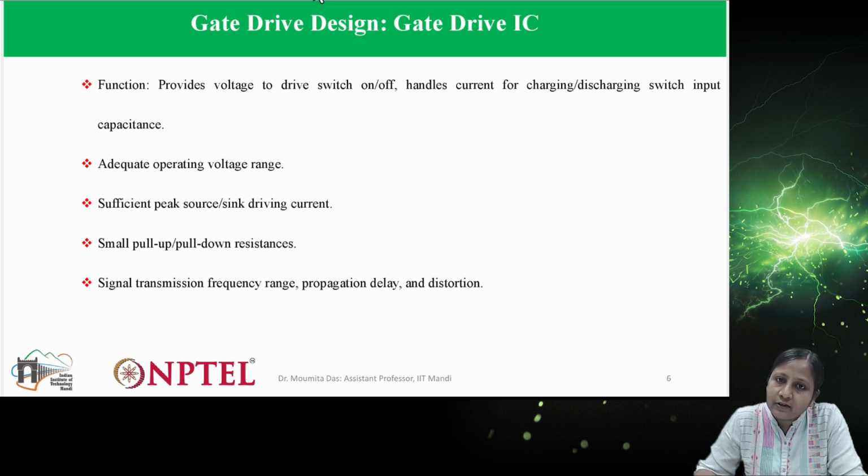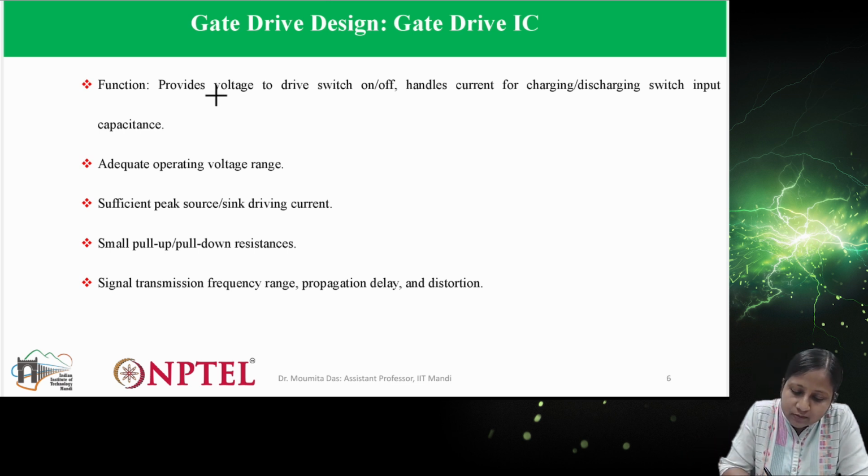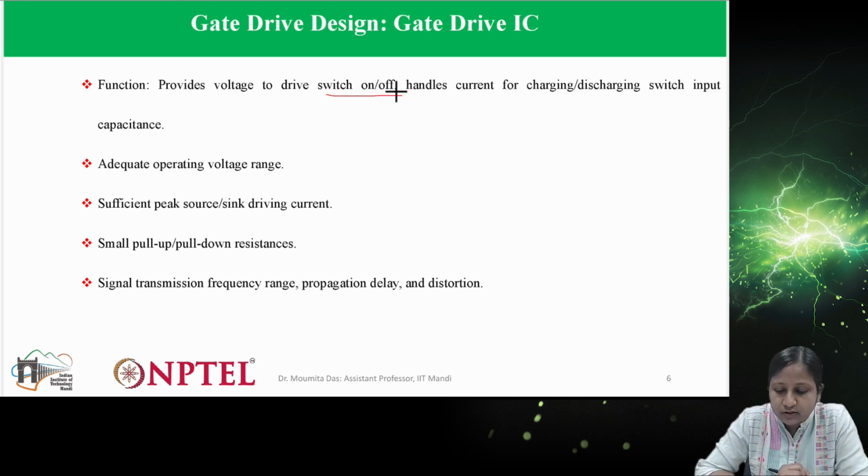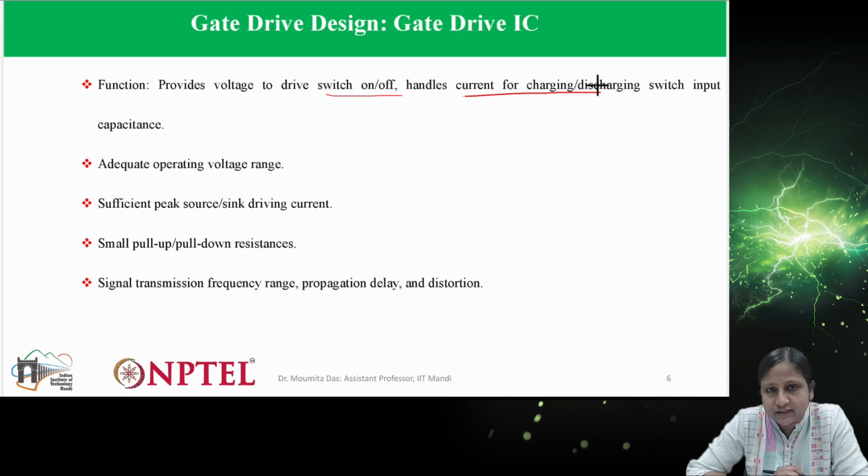Before it, other components will definitely be required, but ultimately this will be directly connected to the gate. So it provides voltage to switch the device on or off. It is the main component coming before the switch or the gate, where it will be connected. So it handles the current for charging or discharging.